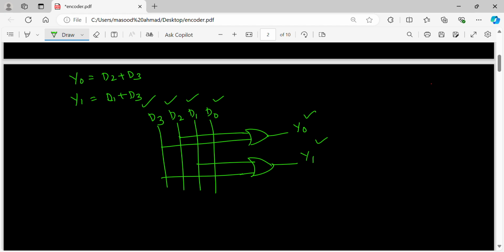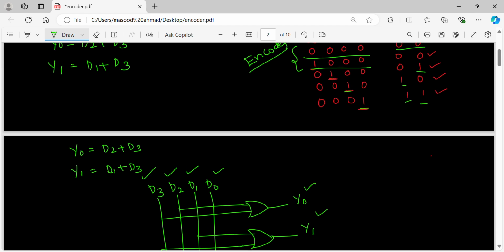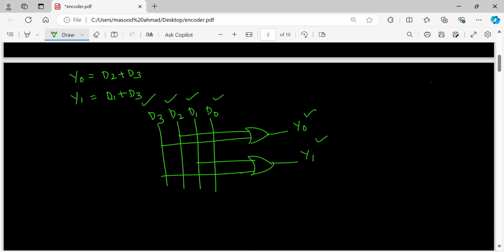Similarly, you can go for any number of inputs. For example, an encoder can have 2 power n to n with an enable input. Let's say n is equal to 3. So it is 2 power 3 to 3, which is an 8 line to 3 line encoder.